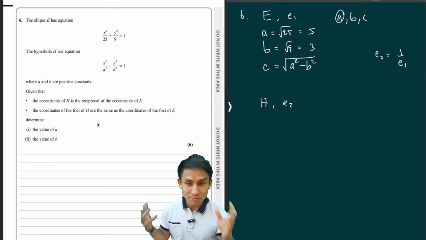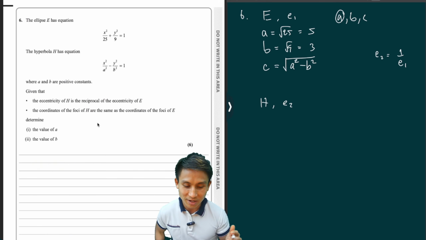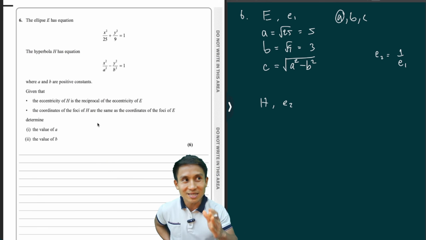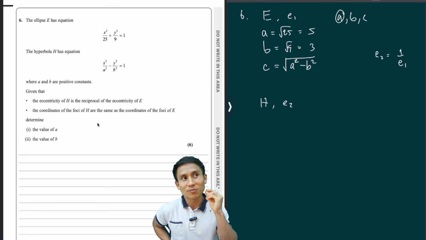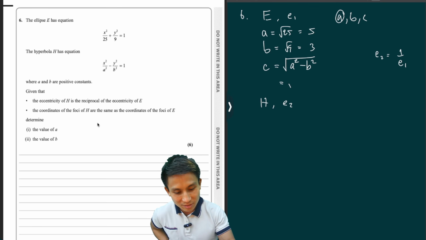But for a hyperbola, c is the longest. That's just the way I go with this. The c is just the distance from the center to either focus. So this is the square root of 25 minus 9, which is the square root of 16, so that's going to be 4.